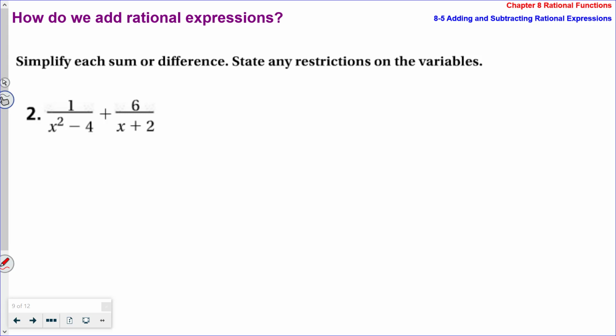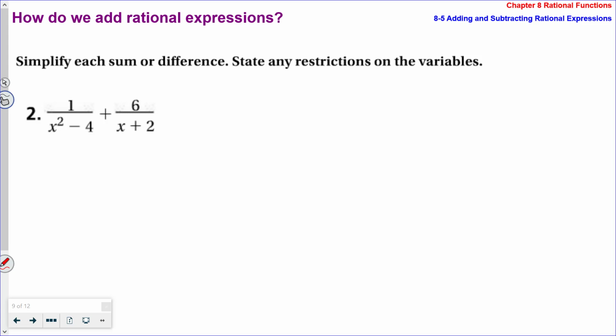Would you do negative 1 to the second? Would it be x minus 2? Multiply x plus 2 by x minus 2?